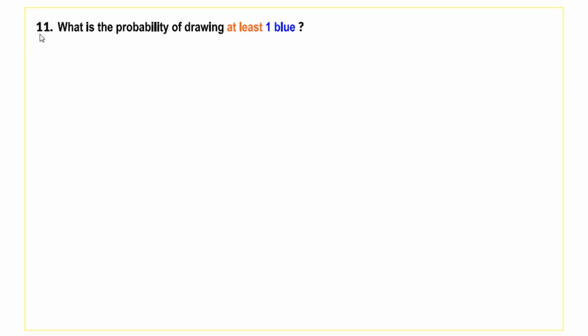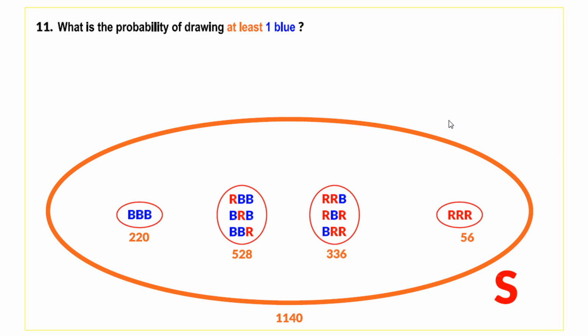Question number 11. What is the probability of drawing at least 1 blue? So here we have the sample space and we need to pick up at least 1 blue, which means the minimum number of blue balls would be 1. So we may pick up 1 blue or 2 blue or 3 blue.